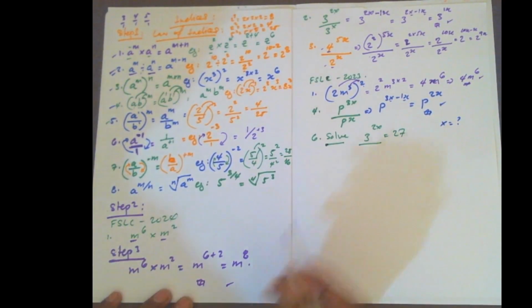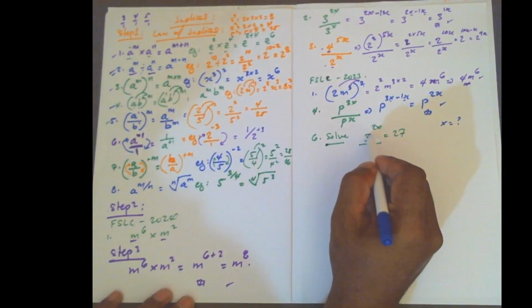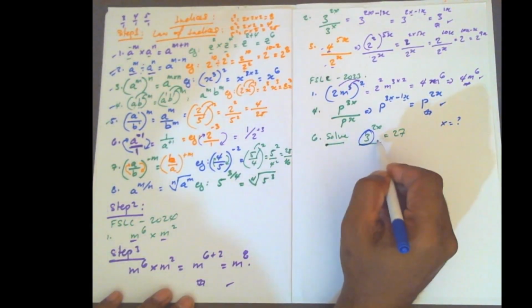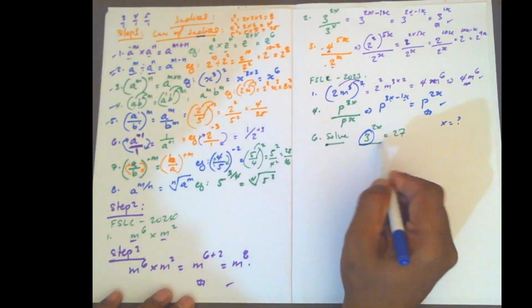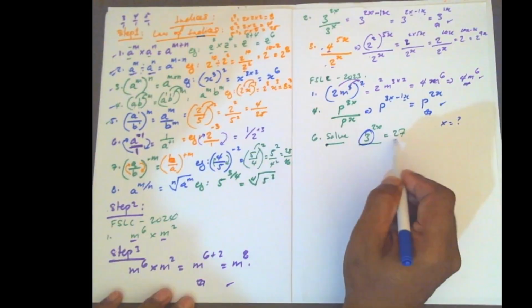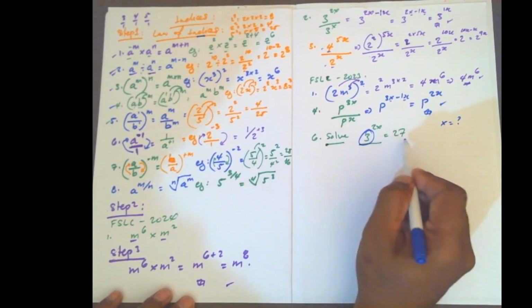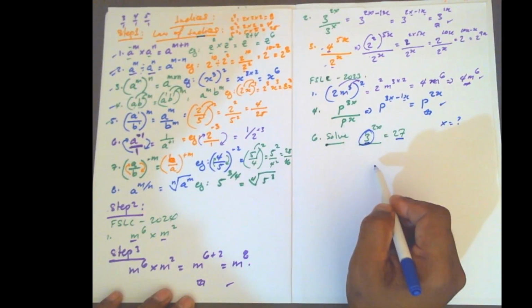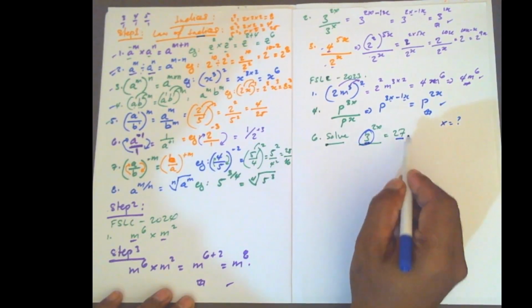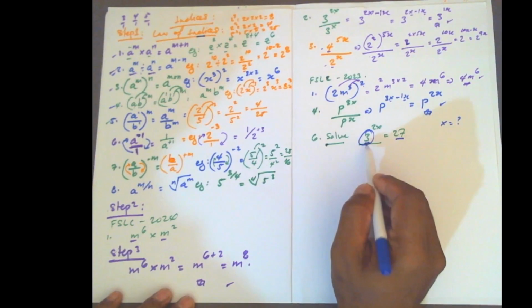In this case, we'll solve it using the same approach. Since it's indices, we need to convert both into the same base. This has a base of 3 and this is 27. Now I need to convert 27 to have the same base.